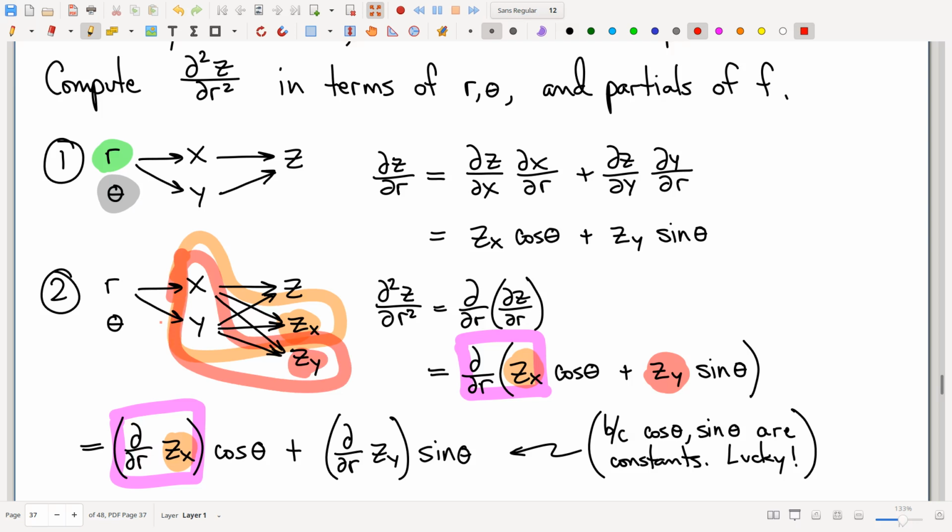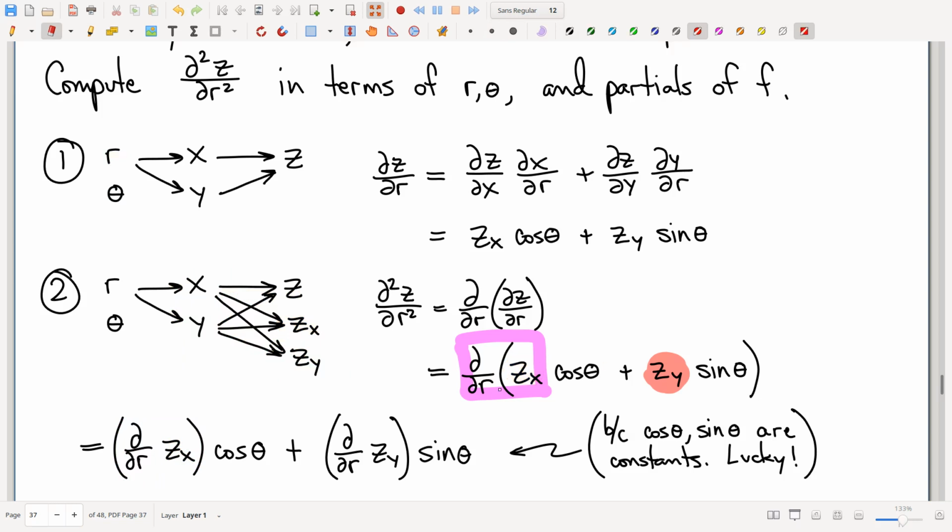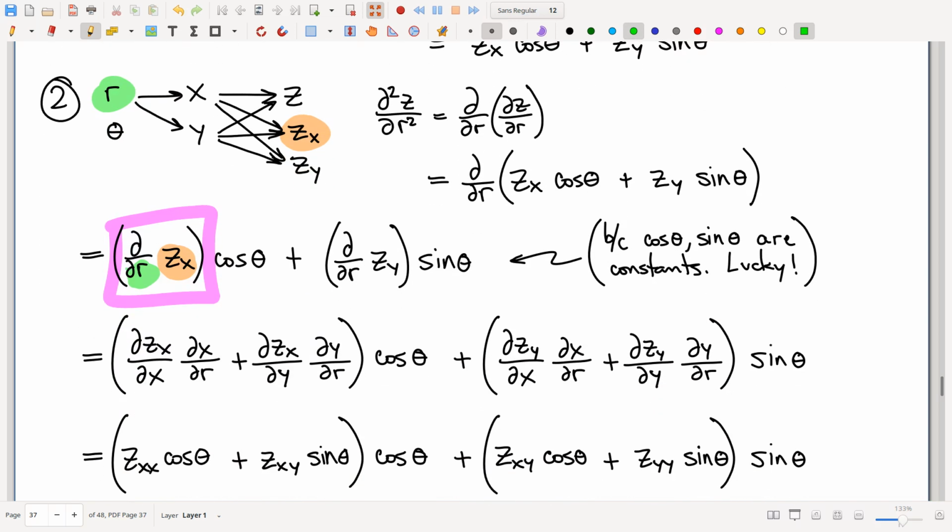So now it's really not that hard to see what's going on with this expression right here, partial of zx with respect to r. After all, zx is there, and r is there. And let's see here. I have two paths. There's the x path that gives me what you might call the x term.